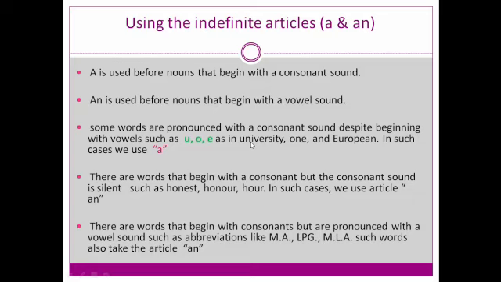See, university is the word, it starts with u, u is a vowel, but we don't use an. Instead of using an, we are using a. The reason is the sound. University, the sound is a consonant, so we are not using an, but we are using a.